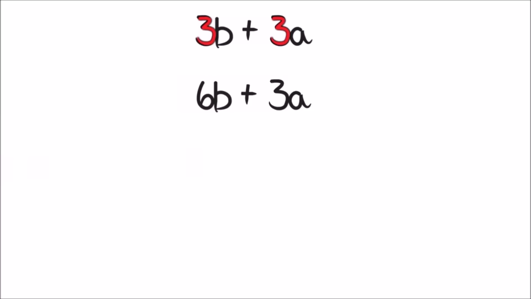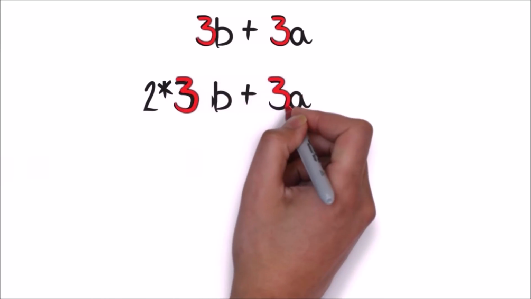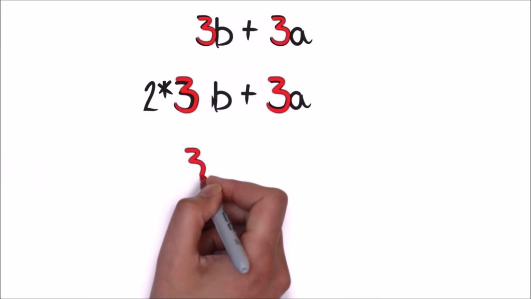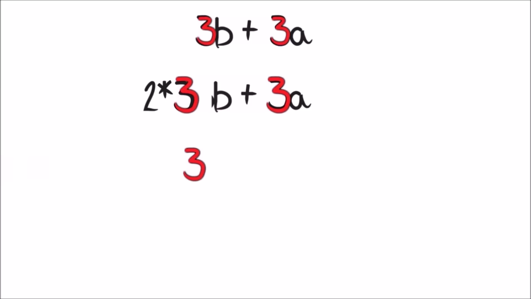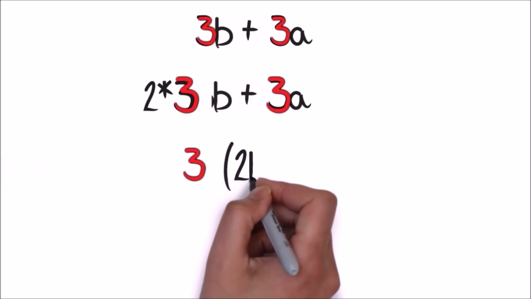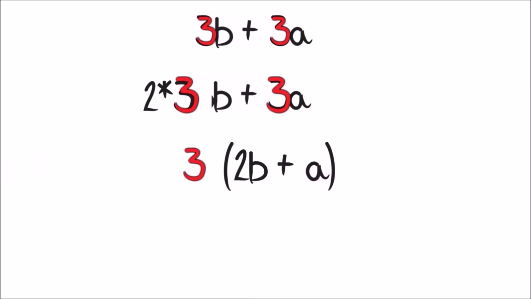If, however, we expand the 6 as 2 times 3, then we can see that they both have 3. We can pull the 3 out and have, in parentheses, 2b plus a. In most instances, it is very easy to identify the common numbers if your multiplication is okay.